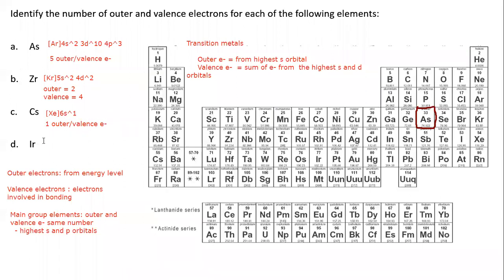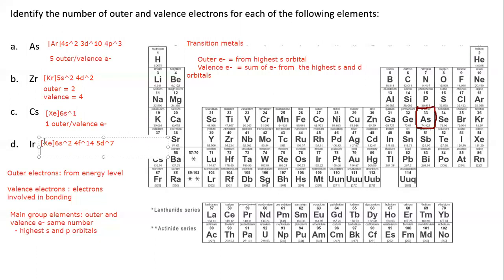Then lastly, we have iridium. Iridium's electron configuration is xenon 6s2, 4f14, and 5d7.